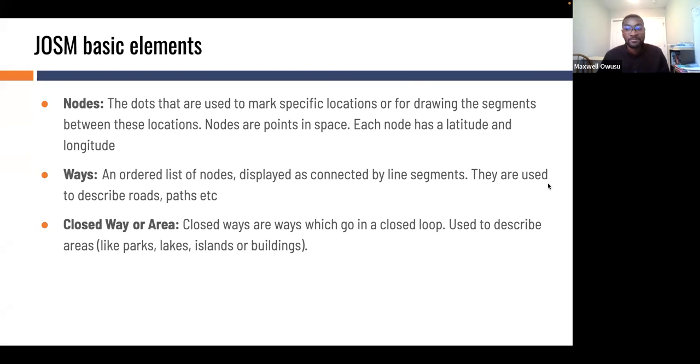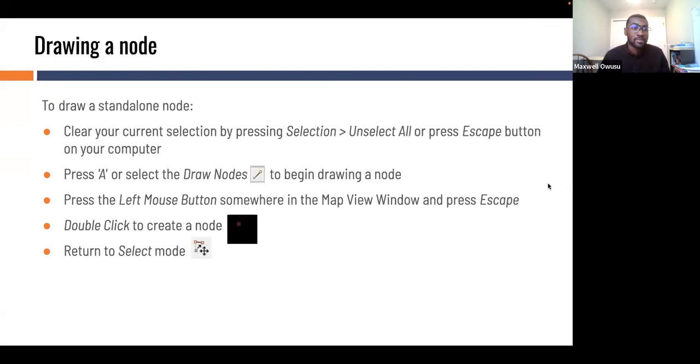Next slide, please. Yeah, so how do you draw a node or a point? Usually you have to make sure that you clear yourself from any selection, and then you hit A, which is the add, and then you put it at the location where you want to add the node, and you just double click, and then it will create a node for you.